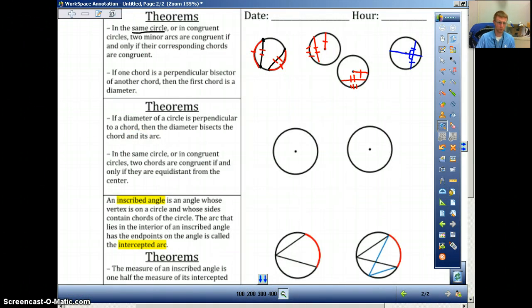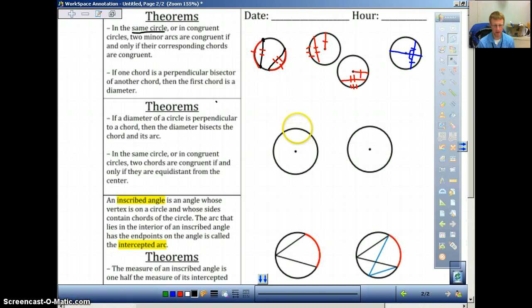Okay, so the first one says, if a diameter of a circle is perpendicular to a chord, then the diameter bisects the chord and the arc. To me, this is a fairly straightforward idea.